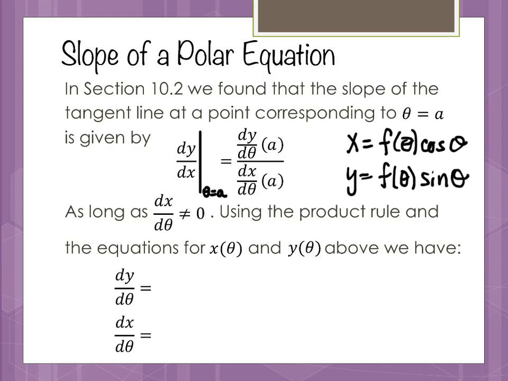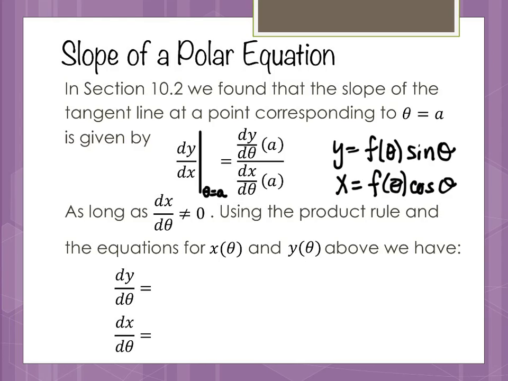So I'd like for you to take the derivative using the product rule of x and y with respect to theta. Okay, so you're going to find dy d theta, and you're going to find dx d theta. Sorry, I wrote it up there as x and y in the opposite order. But you're going to find the derivative of each of these with respect to theta. The product rule. So you're going to have some addition in there.